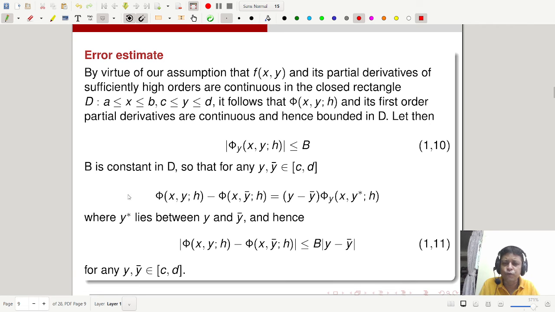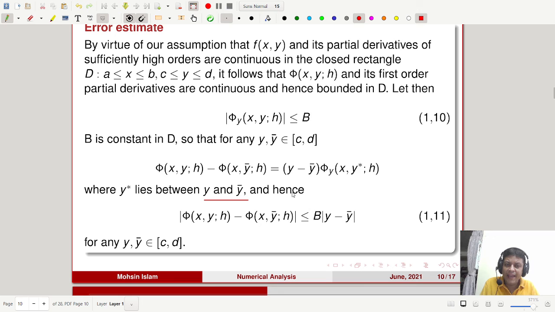That is a useful relation, where y star lies between y and y bar. Hence, if you take the modulus on both sides, it is less than or equal to B mod of y minus y bar. It follows from 1.10, and this is your 1.11, where y bar belongs to D. So you got relation 1.11, less than or equal to some constant times the modulus of the difference of y and y bar.